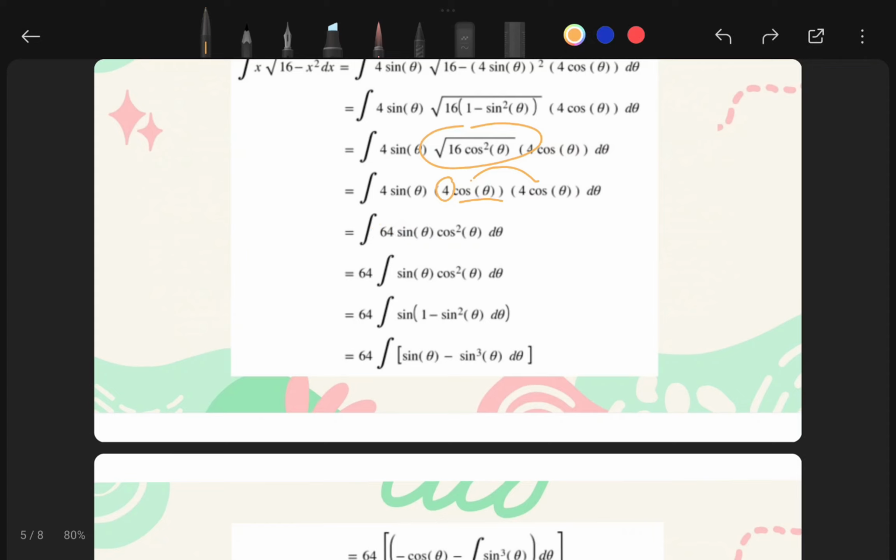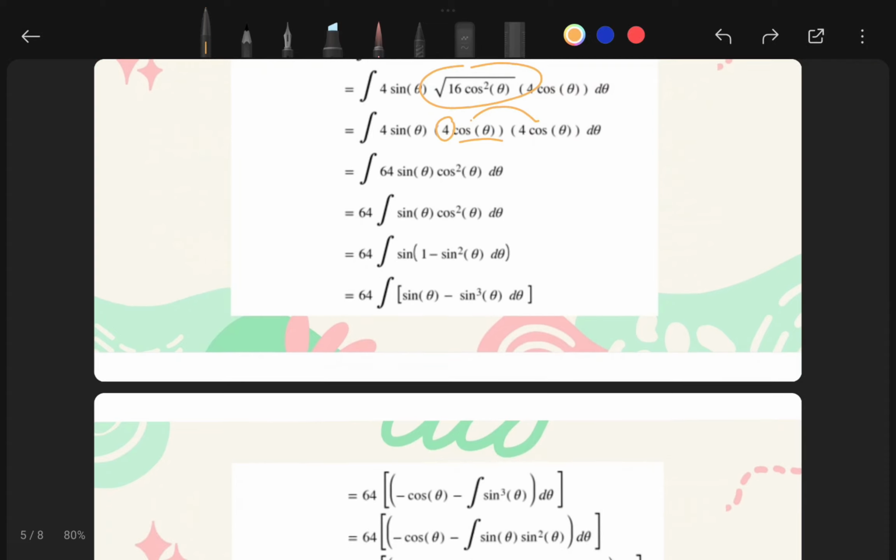Sine we cannot multiply anything, so we just write it back, and cos multiplied by cos theta is cos square theta. Then we put the 64 outside of the integral, and it becomes 64 integrate of sine theta cos square theta d theta.